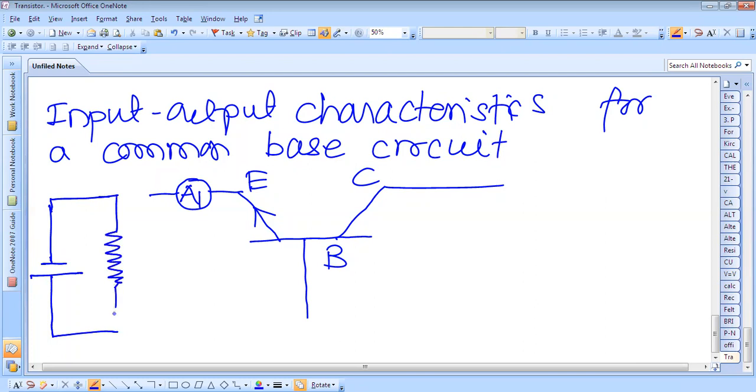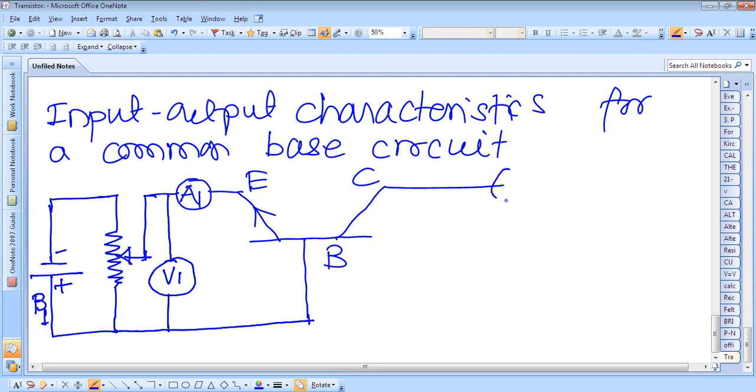So this is a rheostat and this terminal is connected here. Okay, we also have to measure the voltage, therefore this is a voltmeter to measure the voltage, and this is connected to this base circuit. So this is the negative terminal, this is the positive terminal. This is battery B1, suppose.